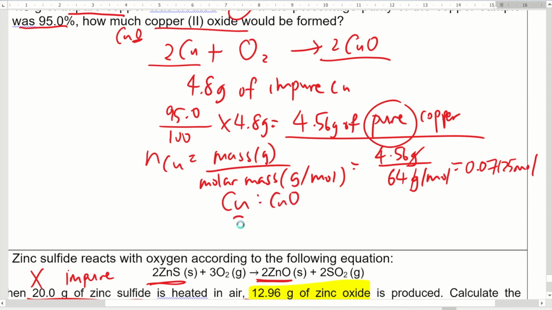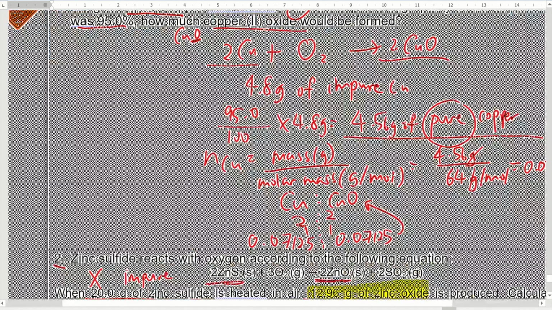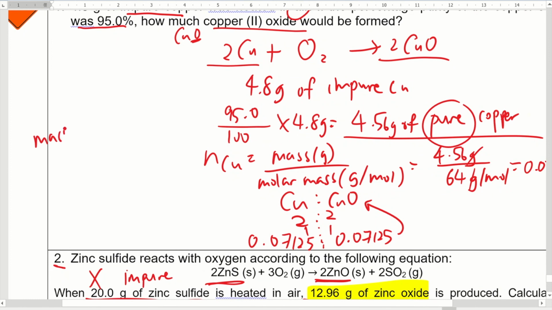So I compare mole ratio because I want to find out how much copper 2 oxide is formed. Copper to copper 2 oxide is 2:2, I simplify it to 1:1. If I have 0.07125 moles of copper, I will have 0.07125 moles of copper 2 oxide. So the question is, what is the mass?